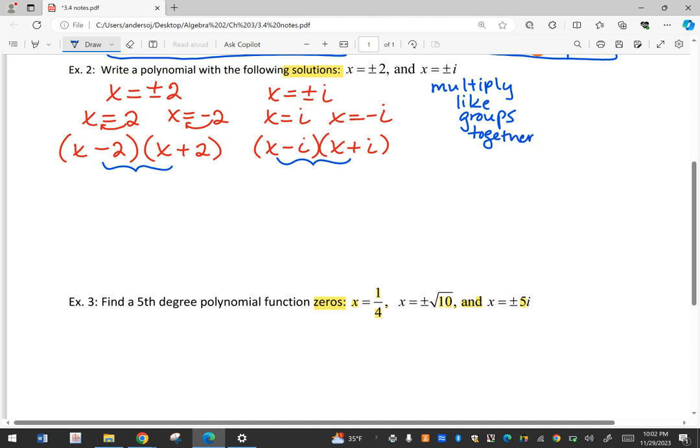Now, like I said, we're going to end up multiplying all of these together at one point. But if you start by multiplying maybe these two together, the problem will become much more difficult. So let's start by going over here and multiplying x plus 2 and x minus 2.